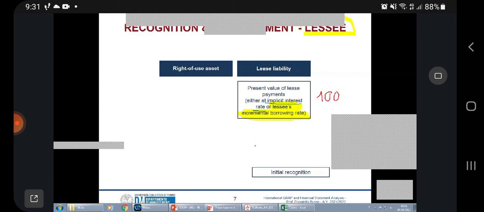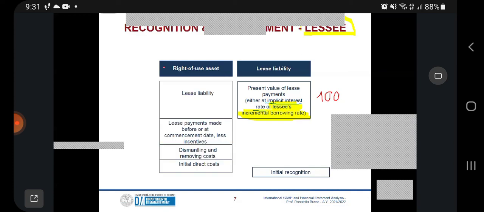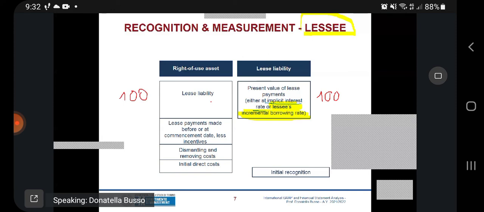If we have a lease liability of 100, this means that we have a right of use that is exactly equal to 100. Okay? So the amount of the lease liability is the most important part of the right of use asset. Think about the accounting entry. Debit side right of use asset, credit side lease liability for 100.